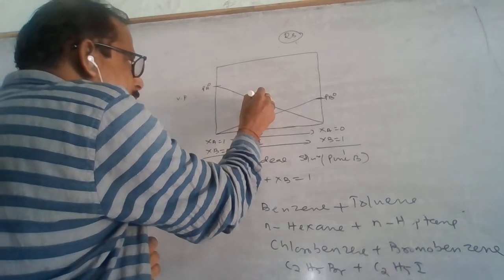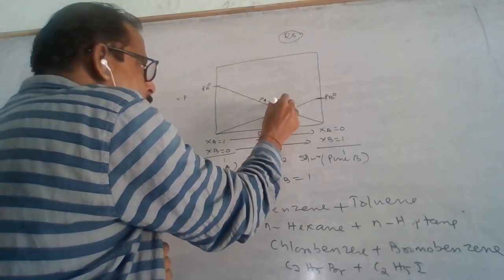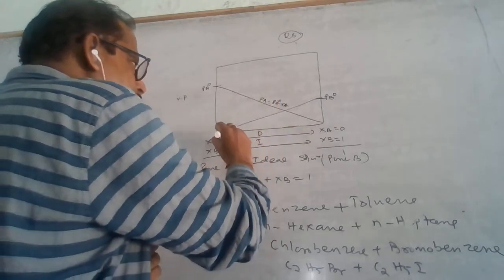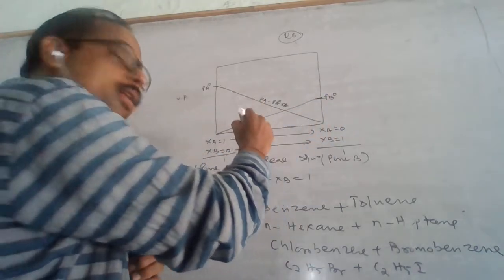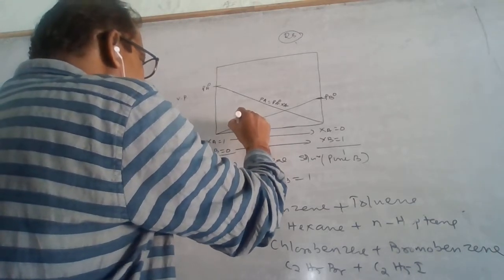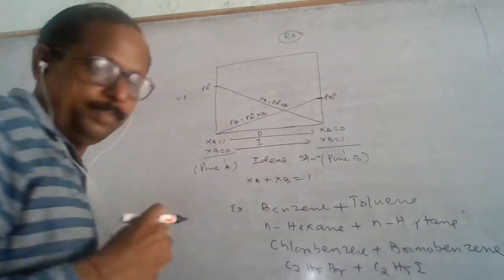This line represents PA, which is equal to PA0 XA. And this line, where the pure B is, is where PB is equal to PB0 XB.